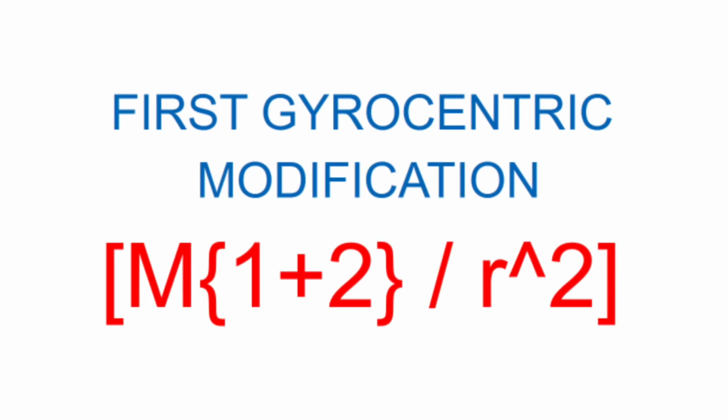The new modified gyrocentric version of Newton's classical gravity formula can be described as its first term having an r squared denominator as was originally proposed within the inverse square law, but having its product of masses numerator modified into a sum of masses.